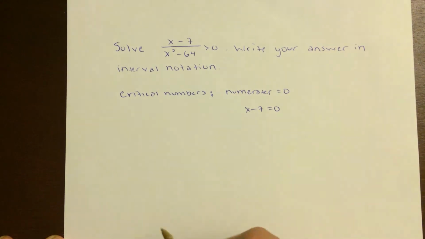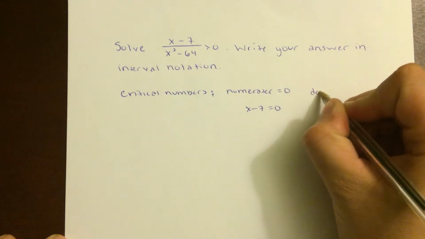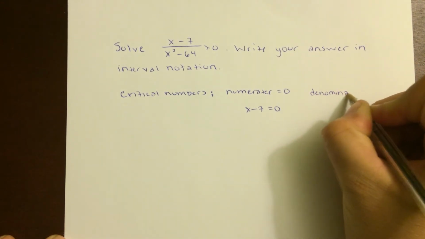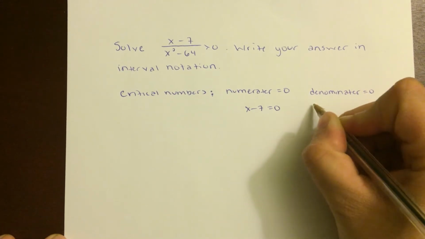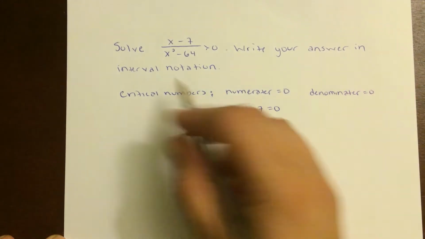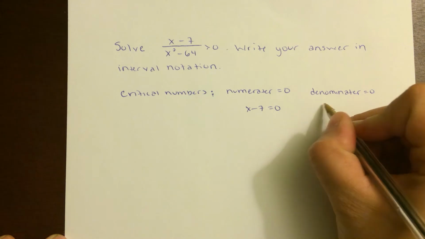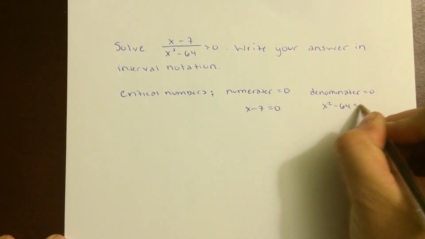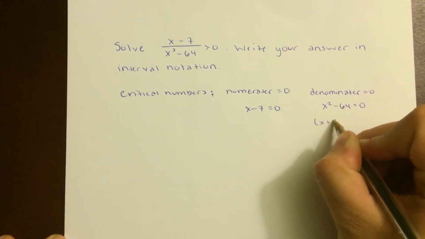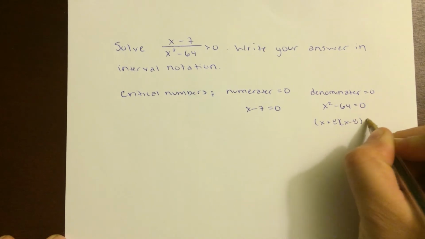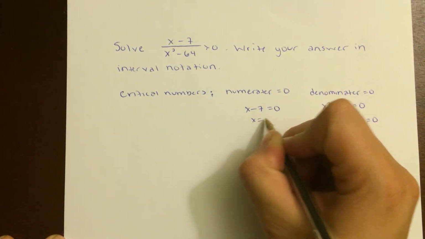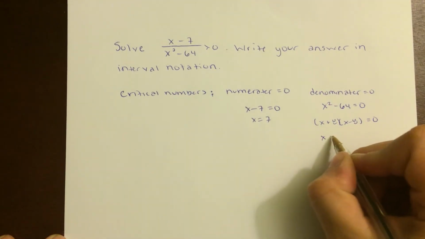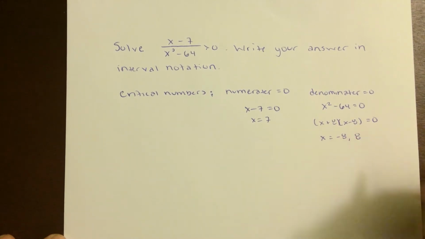So therefore, those are critical numbers as well. So I'm going to set that equal to 0 and factor. And I get here the critical number of 7, and here negative 8 and positive 8.